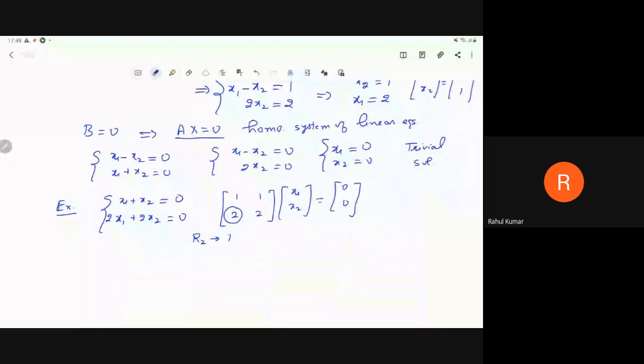R2 replaced by R2 minus 2R1 means multiply the first row by 2 and then subtract from the second. What do you get? 1, 1, 0, 0. Interesting. This time you are left with only one equation. What is that equation? x1 plus x2 equal to 0.